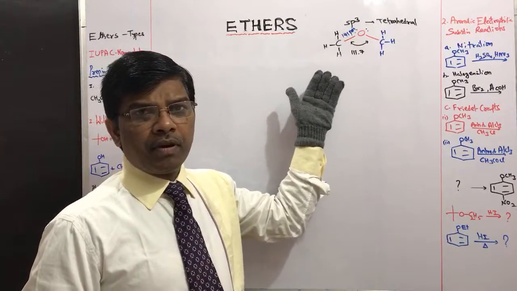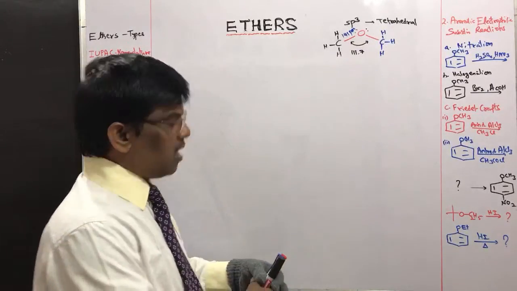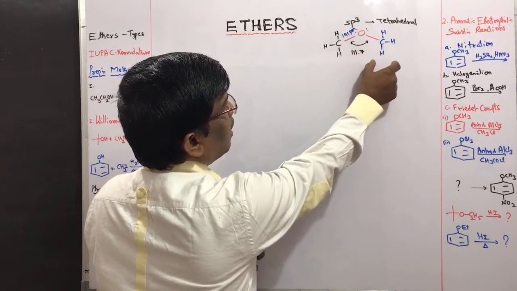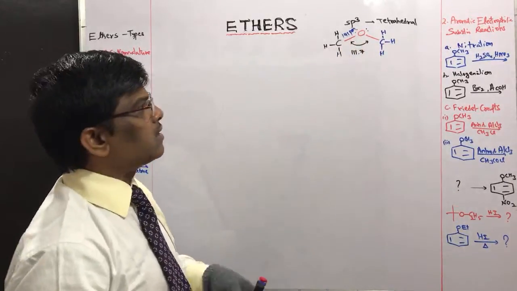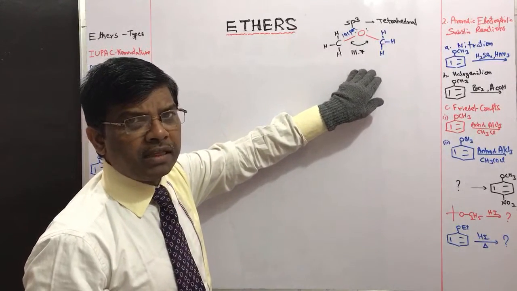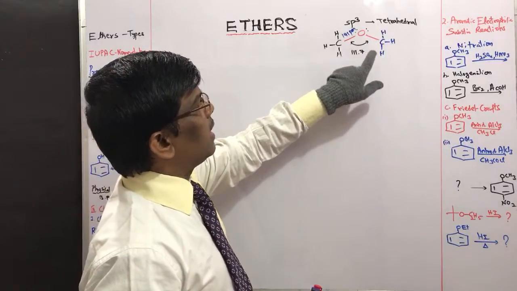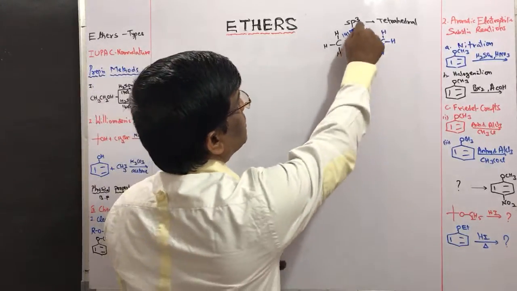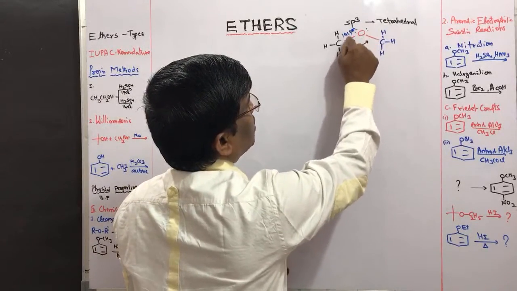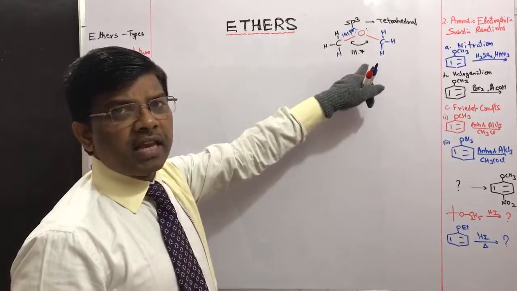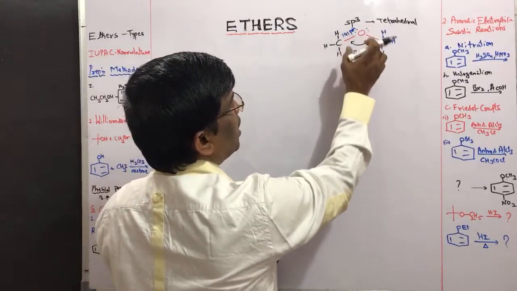Ether is a compound which has an oxygen bond in between alkyl or aryl groups. For example, dimethyl ether or methoxymethane is a symmetrical ether having sp3 hybridization of the oxygen.